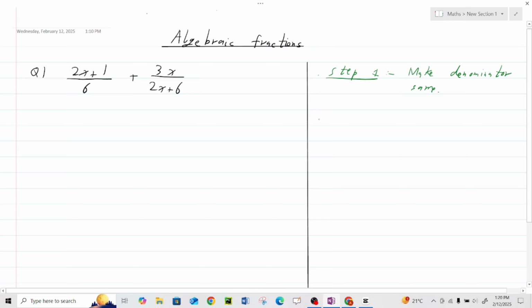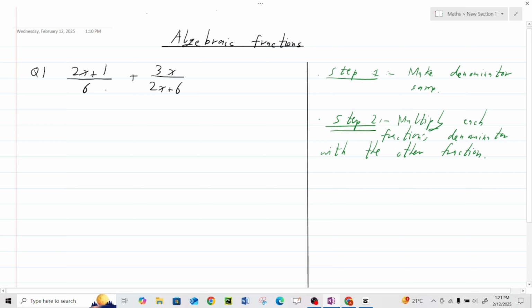So let's write the second step down. Multiply each fraction's denominator with the other fraction.